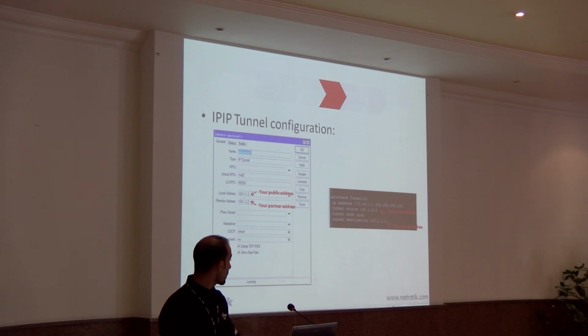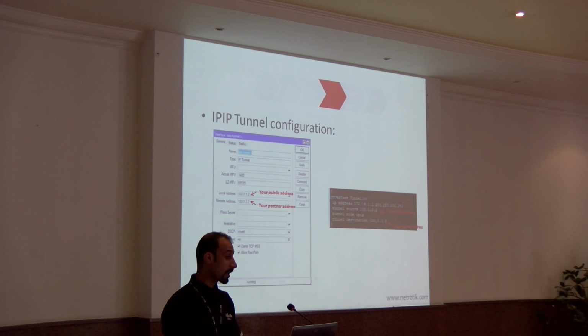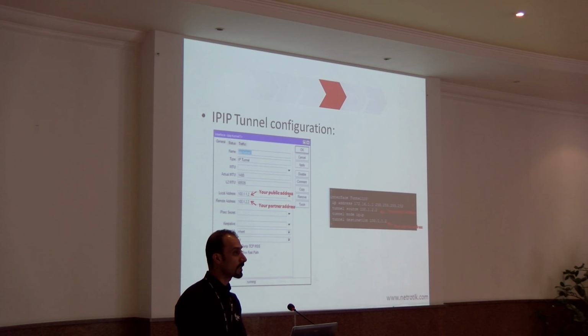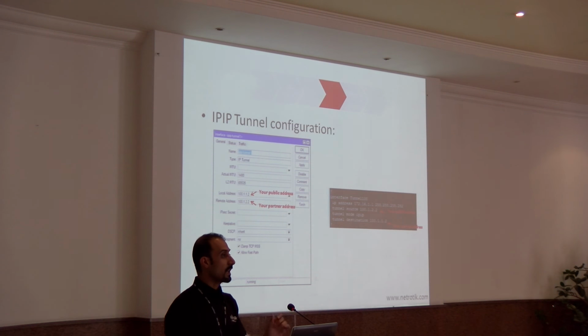Then on the right side of my slide, you can see the tunnel configuration on the Cisco router. You need to configure the interface, first the tunnel interface number, and then configure the IP address for the tunnel.